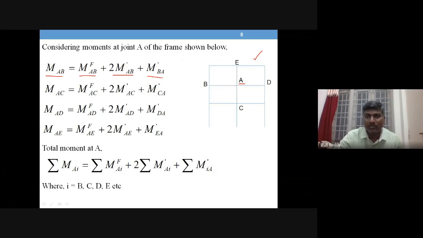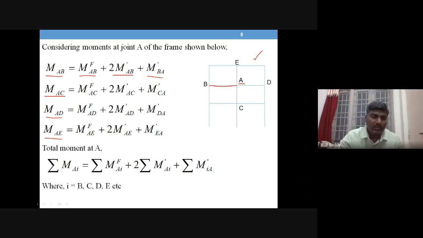We are writing for member AB: 2 times the near end rotation contribution plus the far end rotation contribution. Similarly for AC, AD, and AE, for all the members.